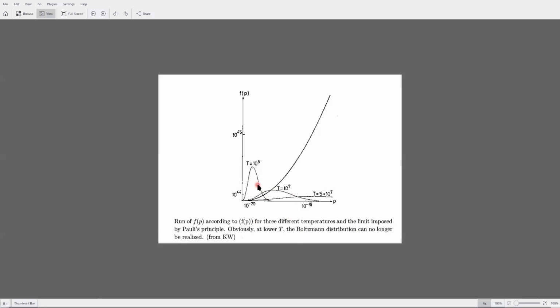The line is the limit imposed by Pauli's principle, and at lower temperature the Maxwell-Boltzmann is definitely different, but at higher temperature the Maxwell-Boltzmann can follow this limit, so the Fermi-Dirac can be similar in behavior to the Maxwell-Boltzmann.